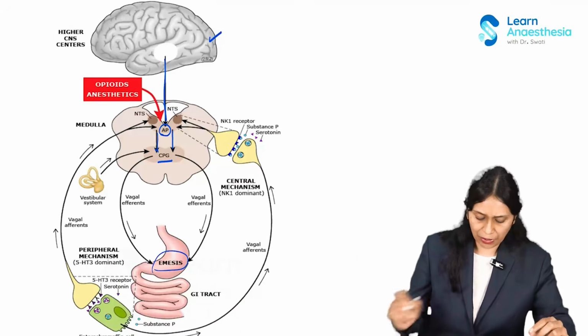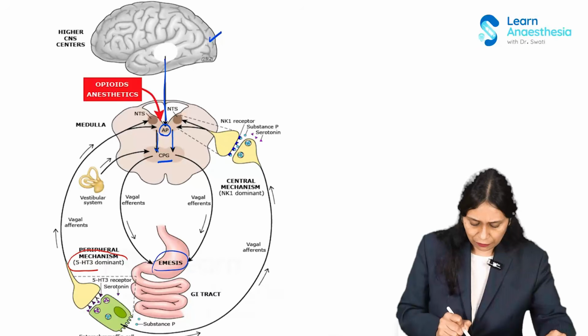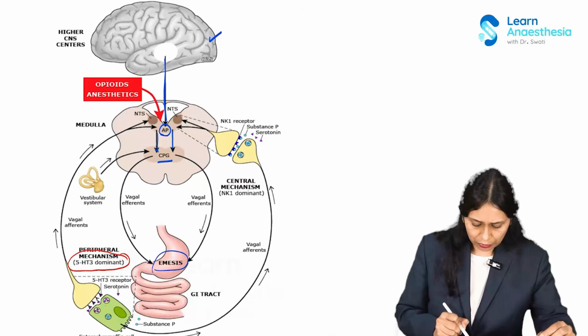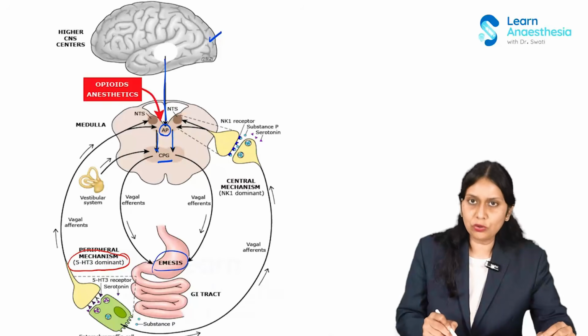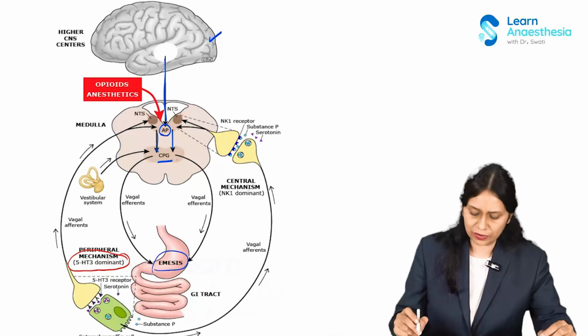So you can see the peripheral mechanism is dominated by 5-HT3 receptor. So the 5-HT3 serotonin receptor stimulates the area postrema, which stimulates the central pattern generator for the vagal afferent to cause emesis.